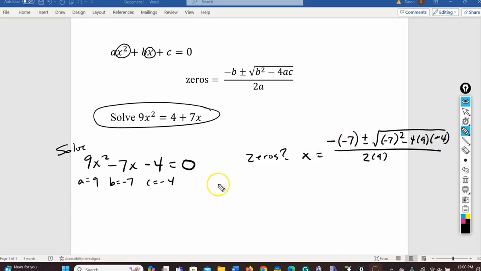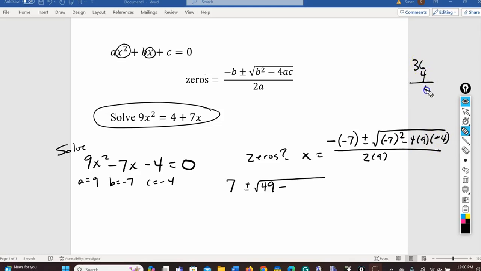So the negative and -7 is +7, plus or minus. -7 all squared is +49. And -4 times 9 times -4, well, the negative signs cancel. 4 times 9 is 36.